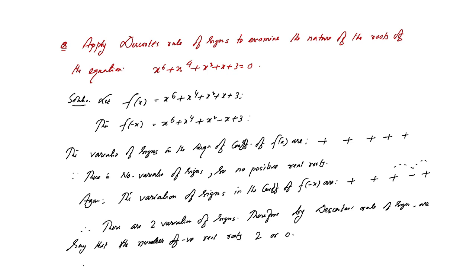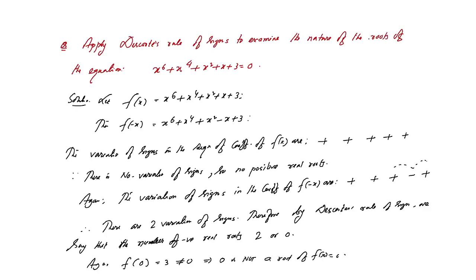And also you will check f of 0. Your f of 0 is 3. This is non-zero, that means 0 is not a root of f(x) equals 0. So now we conclude the number of positive real roots and negative real roots.